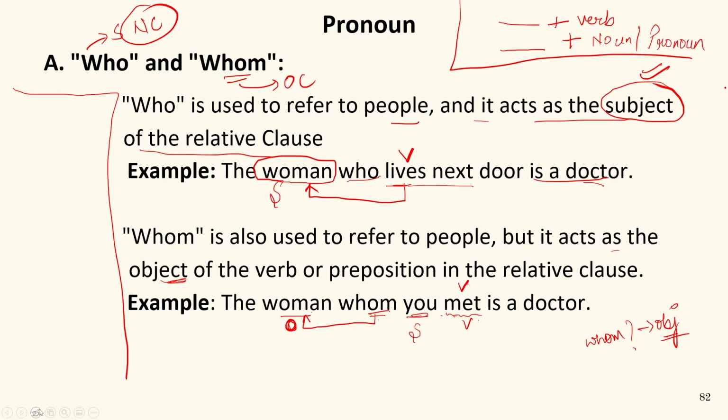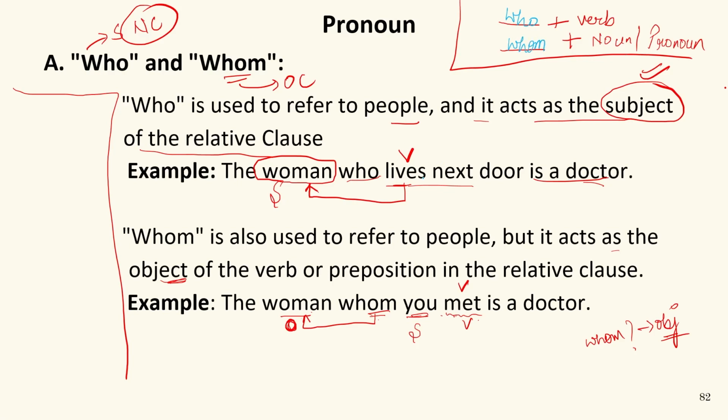Now, if there is a verb, we have to use who over here. But if the blank or the relative pronoun is just followed by a noun or pronoun, we should fill whom over here.